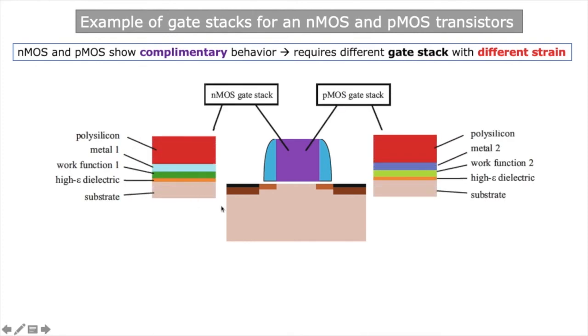So what are the gate stacks? This is one of the important things. If you have NMOS, you have the substrate, then a high-K dielectric layer, then another layer with work function 1, then another metal layer, and then the polysilicon. So this is basically your gate dielectric stack. Similarly for PMOS you have different gate dielectrics.